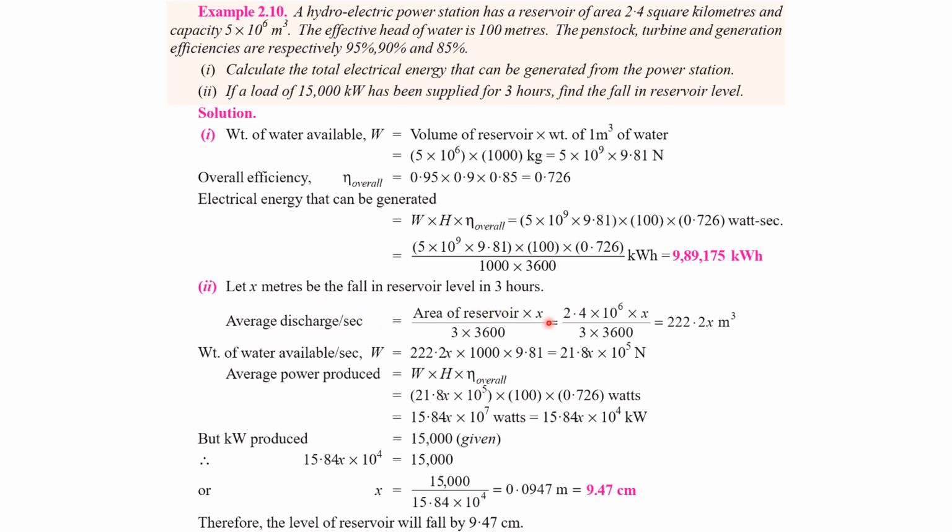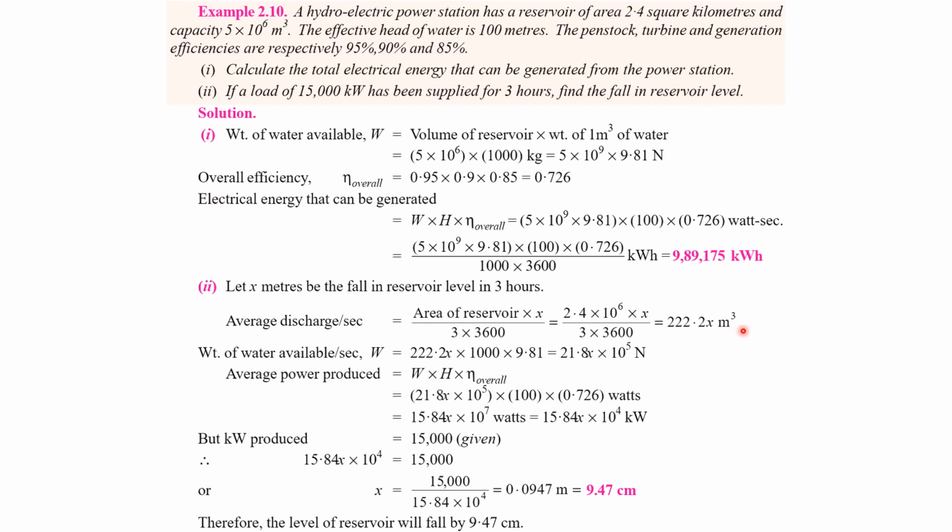The area of the reservoir into the fall in water level will give you the volume of the water which has left, in 3 hours. You have to convert those hours into seconds, so 3 into 3600 gives the total number of seconds, and if you simplify this, you get 222.2 x meter cube discharge per second.